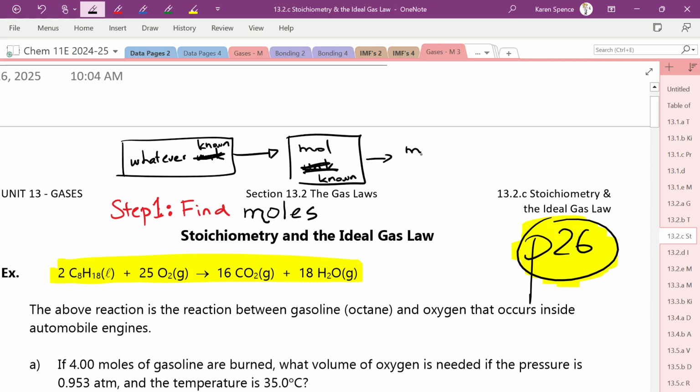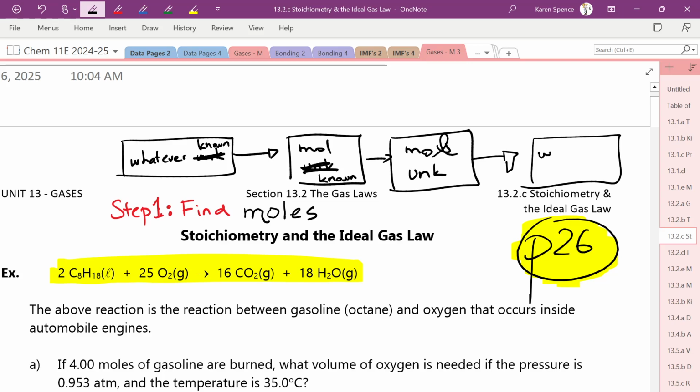Use the mole ratio to get to your moles of your unknown. And then you would find whatever you want to find of your unknown. I'll bet that if you did this problem, you probably could do it. You just weren't thinking about finding moles. I'll bet you would have found moles anyway.